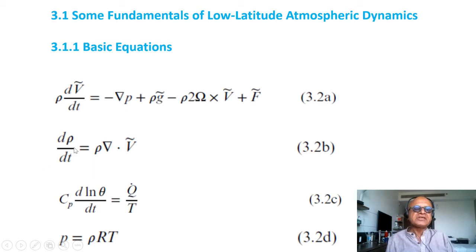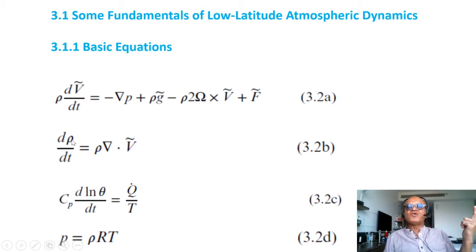The continuity equation is written here as d rho dt plus rho grad dot v, in non-flux form. In this book, the convention d dt corresponds to the full derivative, with partial dt plus u d dx plus v d dy plus w d dz, which in a strict protocol has to be capital D, because this d is sometimes used for a variable that's a function of only one variable.